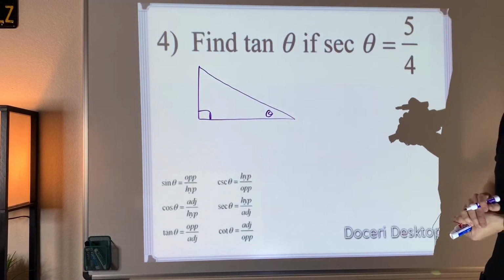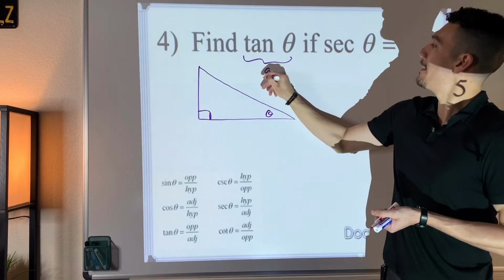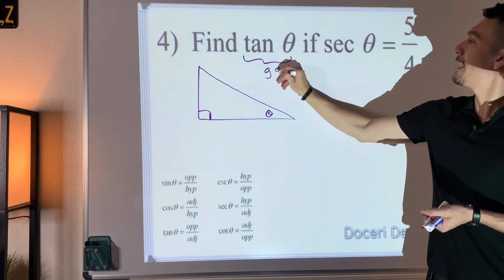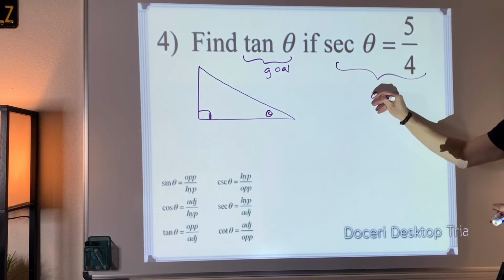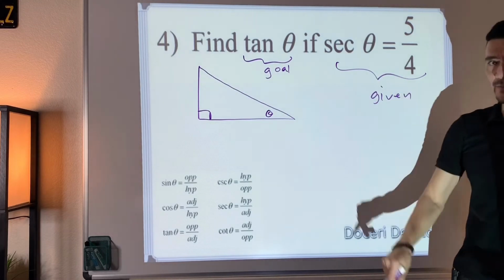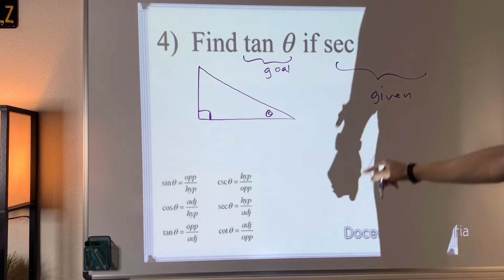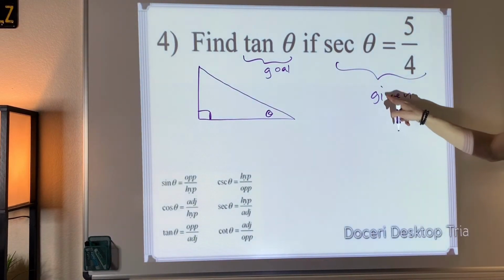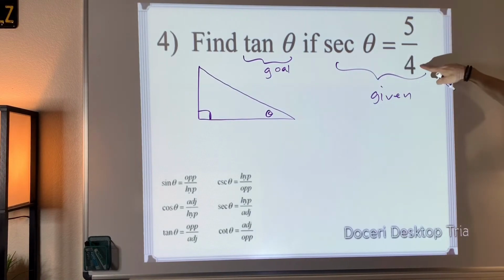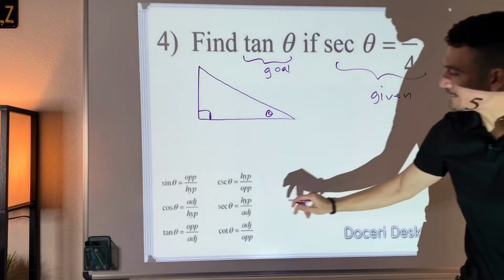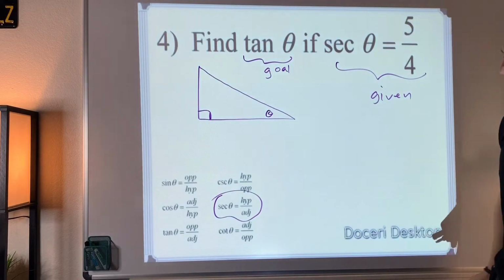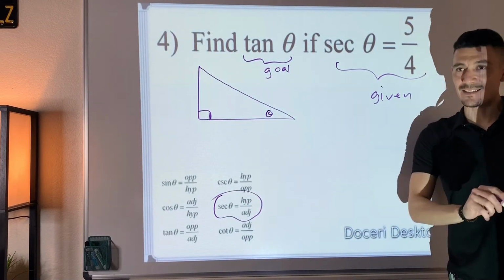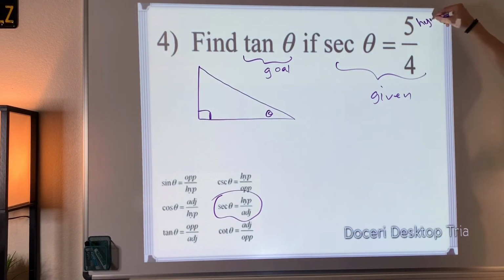Okay? Now, that's the goal. And this is a given piece of information. Now, they've given us for free that secant of theta is 5 over 4. But secant of theta is hypotenuse over adjacent. That means that this is your hypotenuse and this is your adjacent.